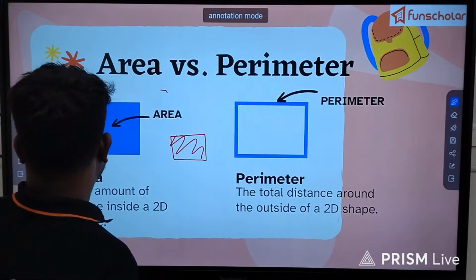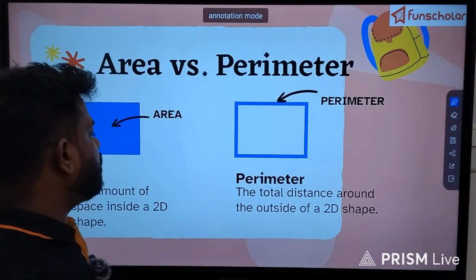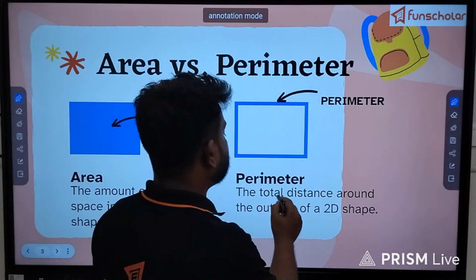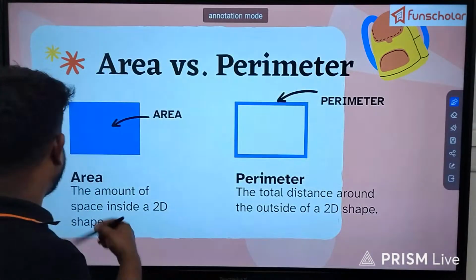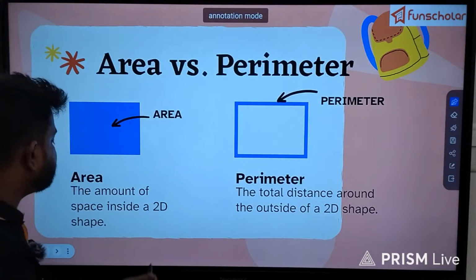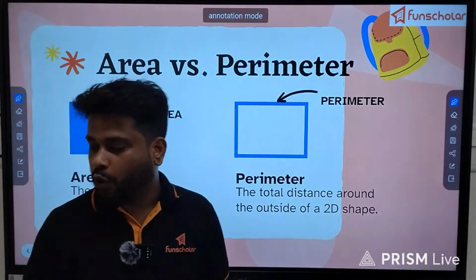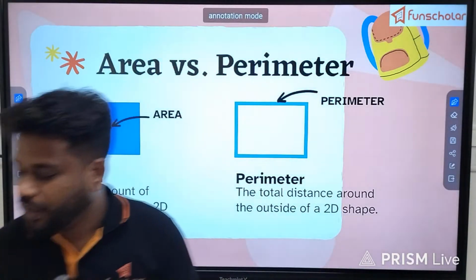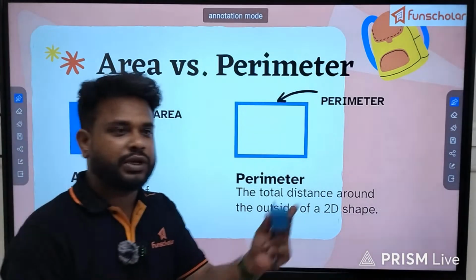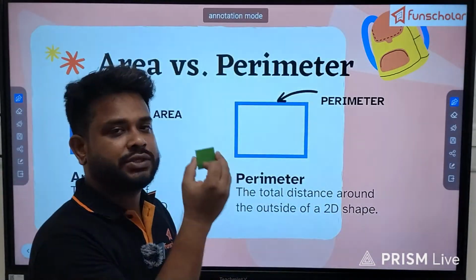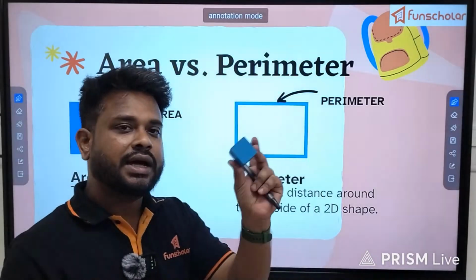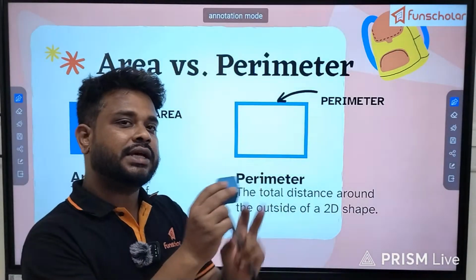So perimeter is the total distance around the outside of a 2D shape, and area is the amount of space inside a 2D shape. Talking about 2D and 3D shapes, I have two different objects: this one is a square, a 2D shape, and this one is a cube, a 3D shape.